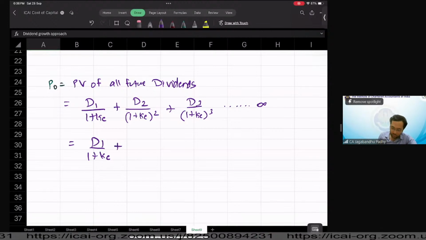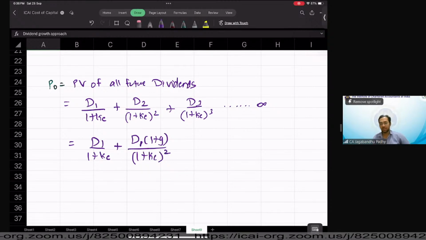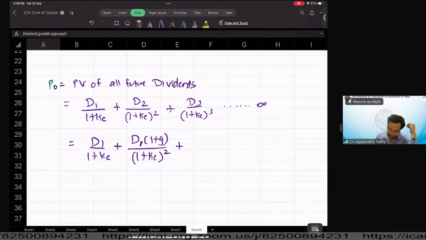Plus, instead of D2, can I write it as D1 into 1 plus growth rate? Can I say second year dividend is going to be additional growth over and above the first year dividend? Correct, guys? What about D3?